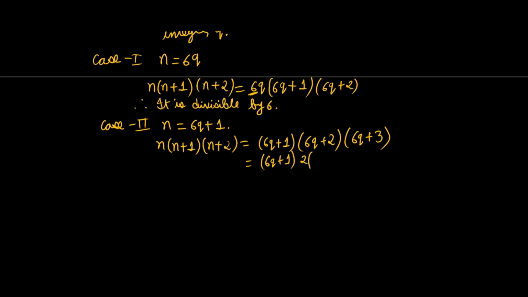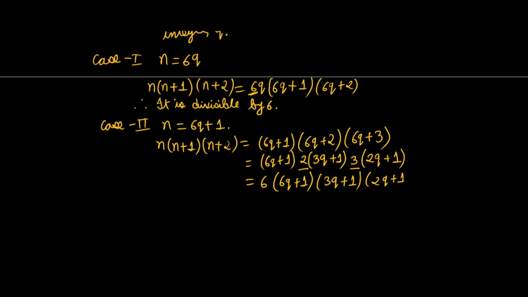Here 2 will be common. 2 3s are 6. 2 1s are 2. So 3 times 2 is 6, 3 times 1 is 3. So we can write this 2 and multiplication of this 3, 6, q plus 1, 3q plus 1, 2q plus 1. So it is multiplied by 6, so it is divisible by 6.